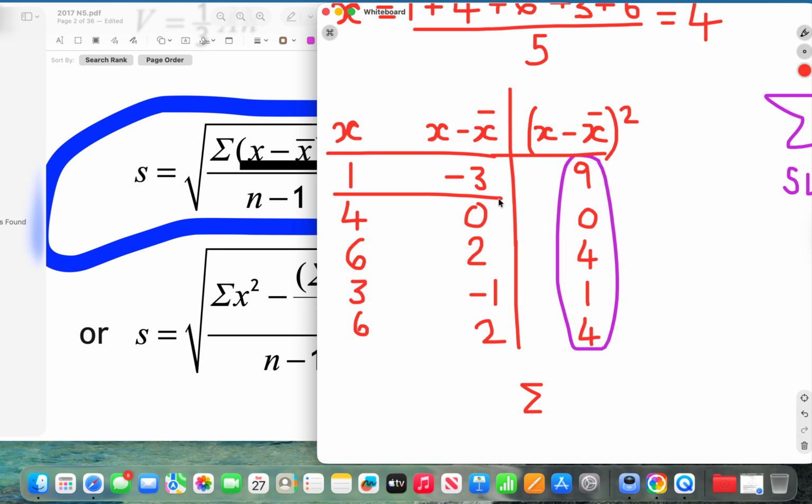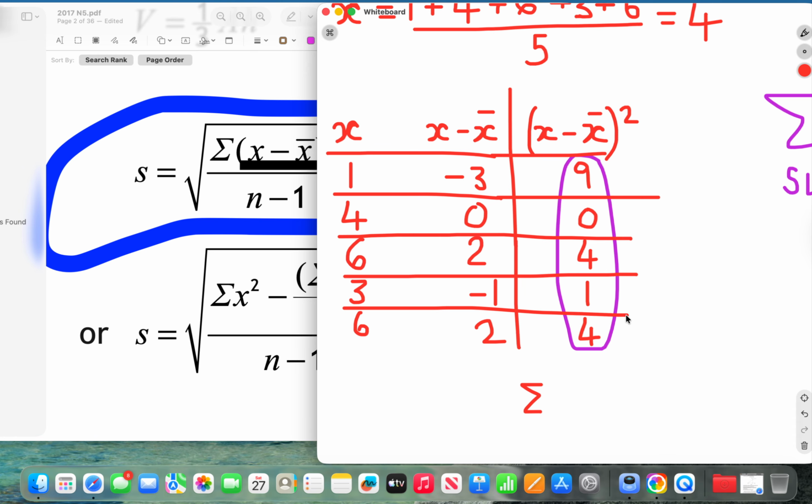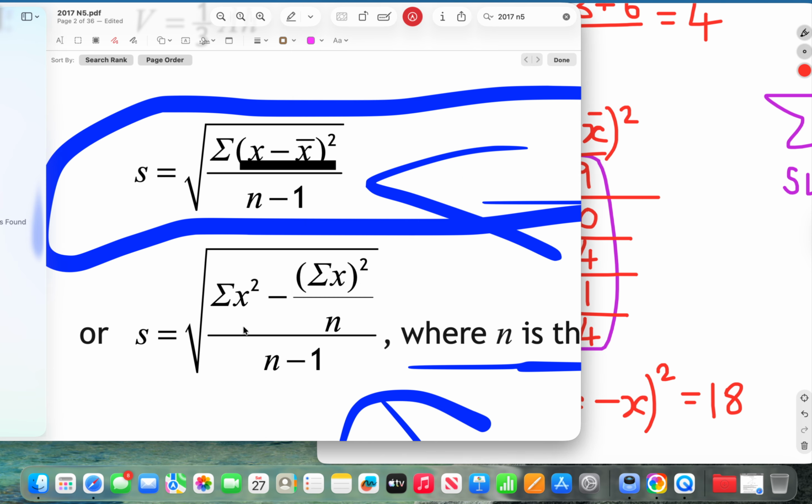This formula looks confusing, but once you do a load of questions on the standard deviation, you will understand it better. And we use that symbol for sigma. 18.